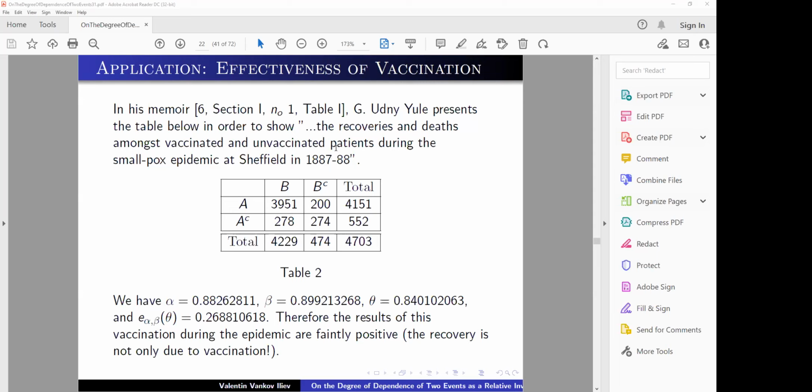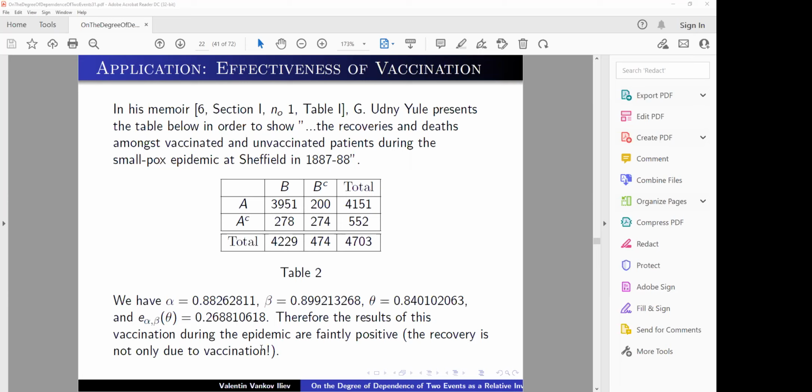As far as I know, Sheffield was a small town in South England. I'm not sure. Okay, these results are represented in this two-attribute table. And here alpha is 0.88 and so on, beta is 0.89, theta is 0.84, and the degree of dependence is 0.26, so about 0.27. So the results of this vaccination during the epidemic are faintly positive.